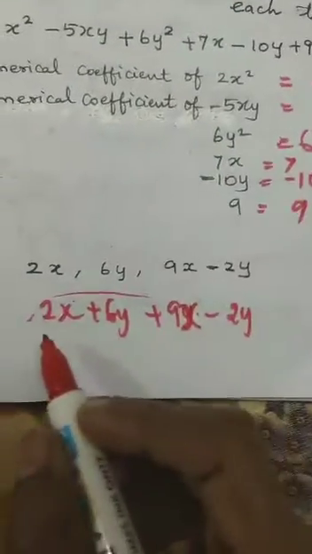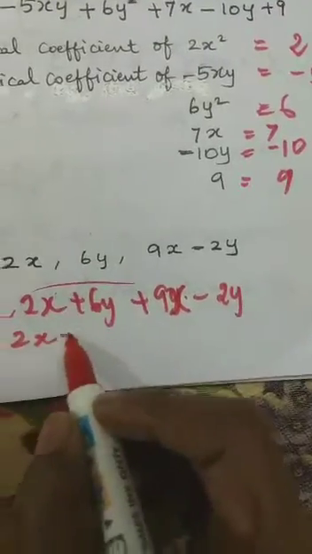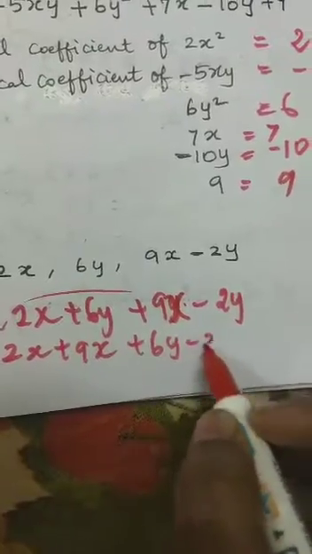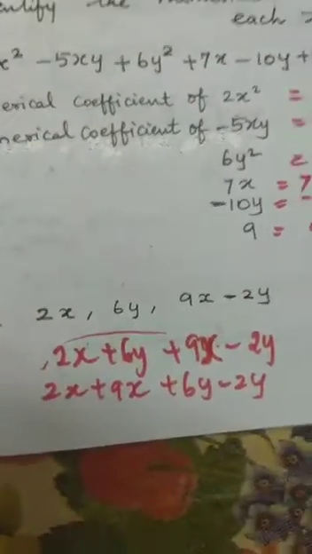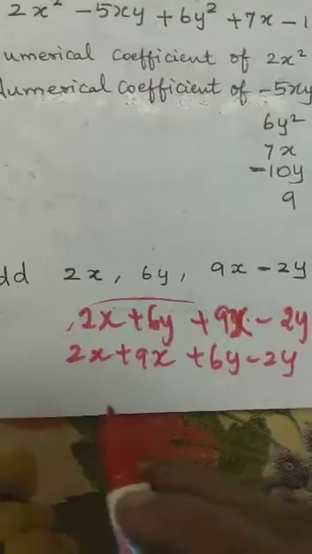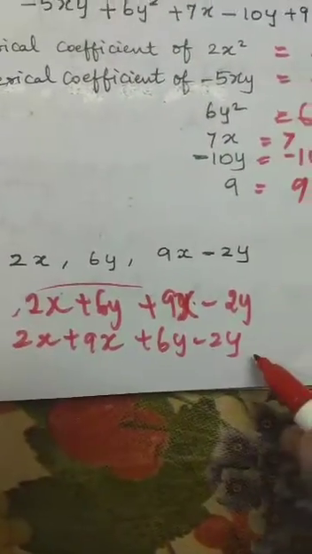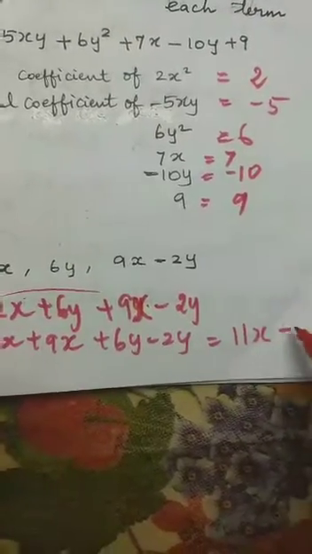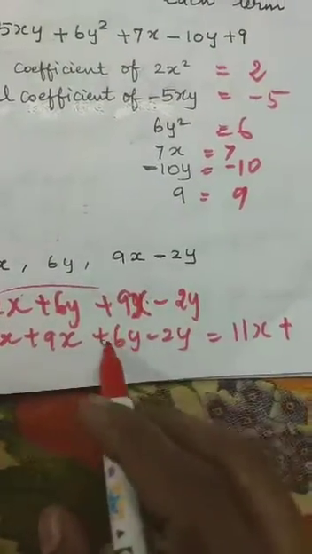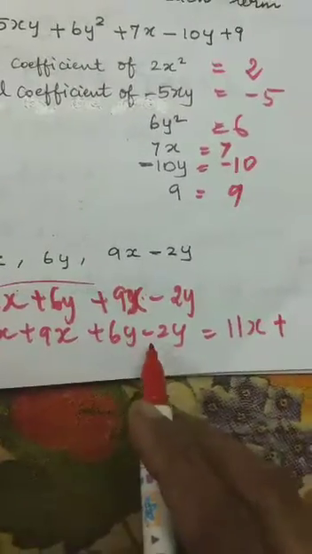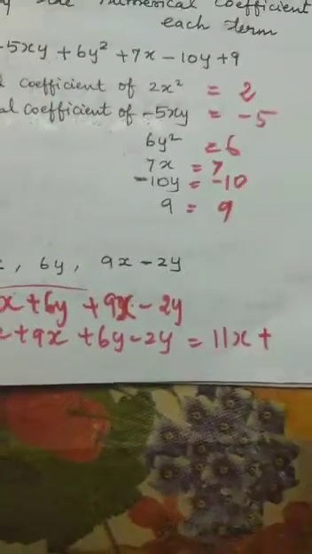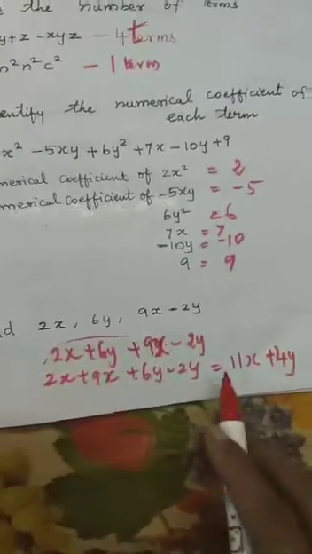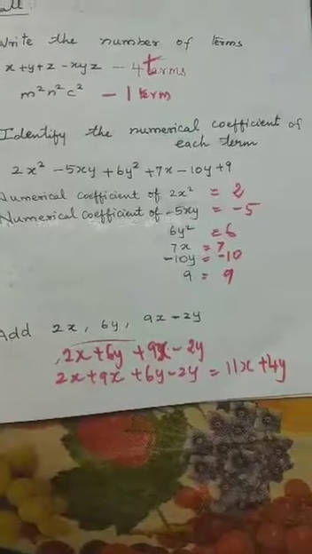So we can write together 2x plus 9x plus 6y minus 2y. 6y and 2y are like terms. If we add 2 and 9, yes, 11x. Plus, because the bigger number sign is plus. 6y minus 2y, 6 minus 2, yes, 4y. So 11x plus 4y is the answer after adding.